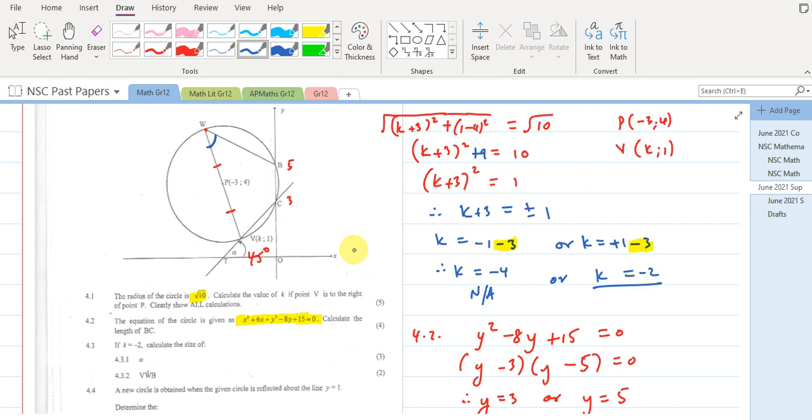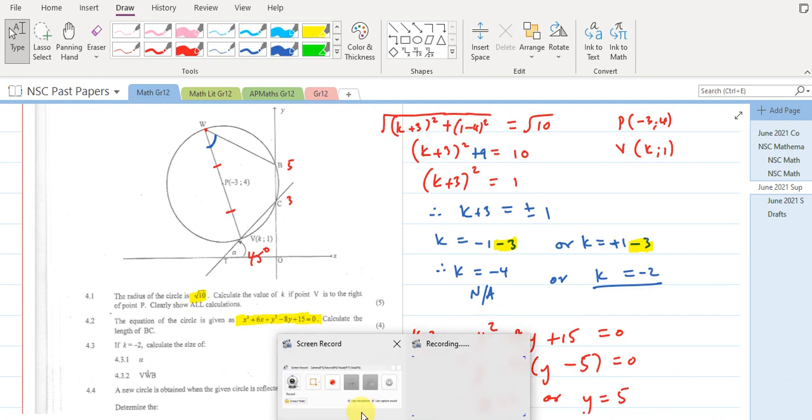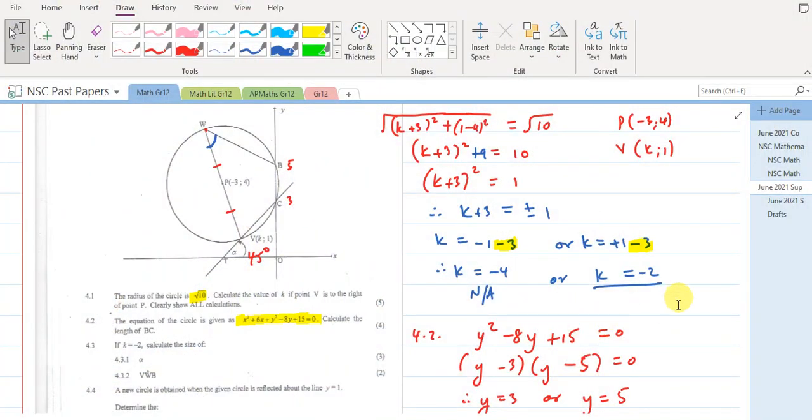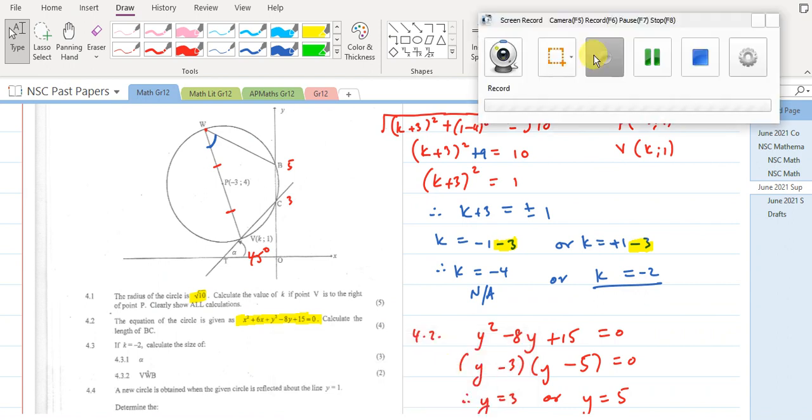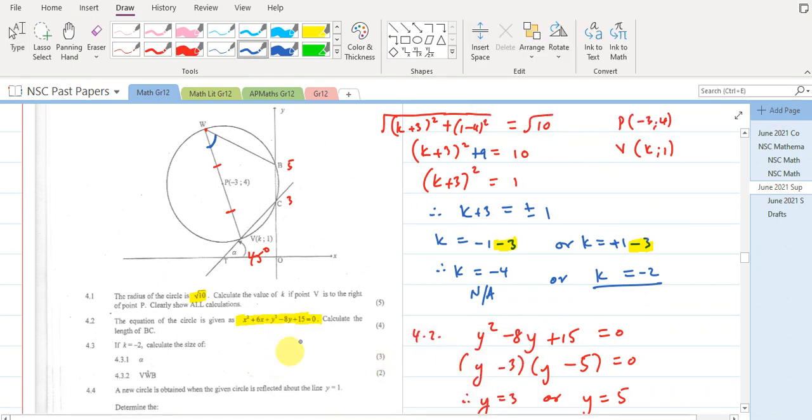There's just 2 marks. How can you go and find the angle VWB? So what we can do here is, let's see, it's just 2 marks.